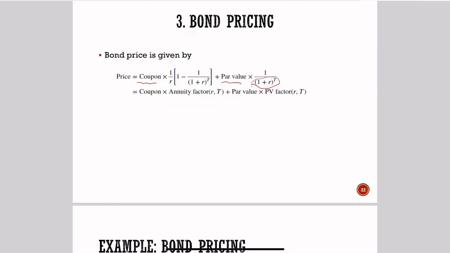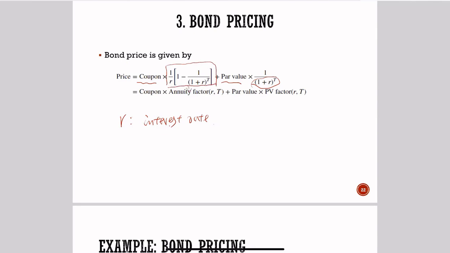So R here is basically the interest rate, right? To be more precise, it's the yield. Of course, we have not talked about yield yet. Let's just call this the interest rate. And we also call this part the annuity factor, right? So this part is called the annuity factor.